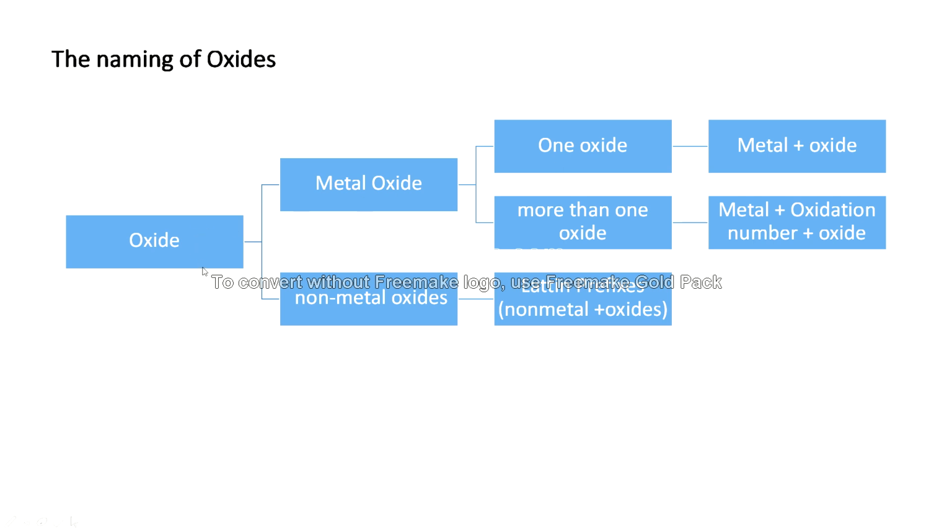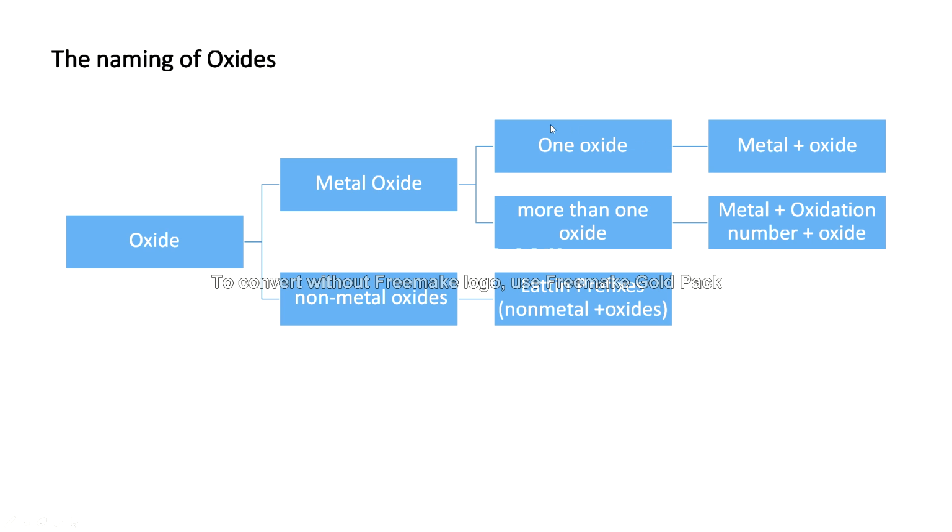Let's try to name the oxides. When we are naming the oxides, again, we need to distinguish between metal and non-metal. For the metal oxides, we need to check whether it's only one oxide or there are more than one oxide. Remember the oxyacids, that you need to see the one that has more oxygen atoms and the one with less oxygen atoms.